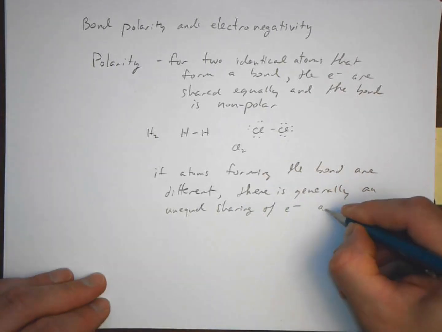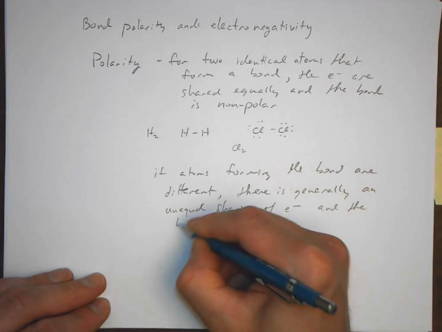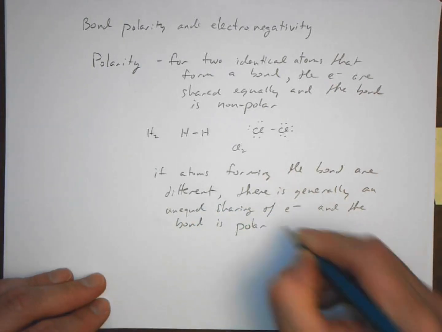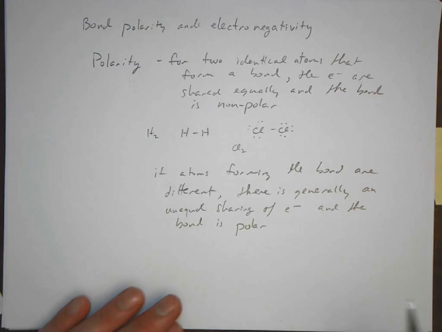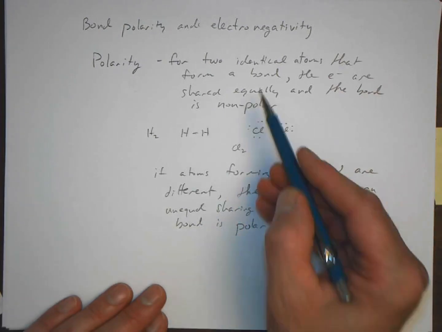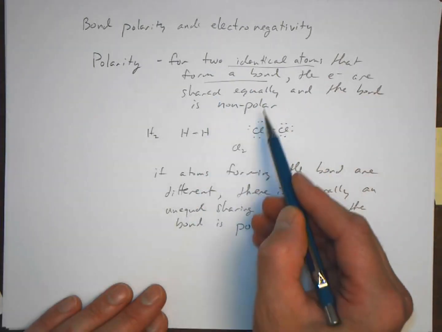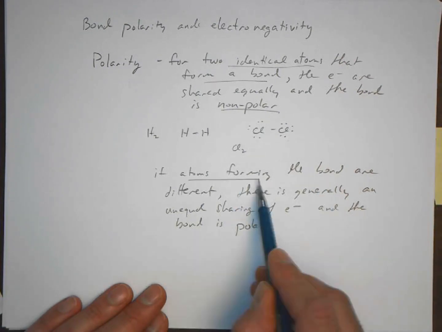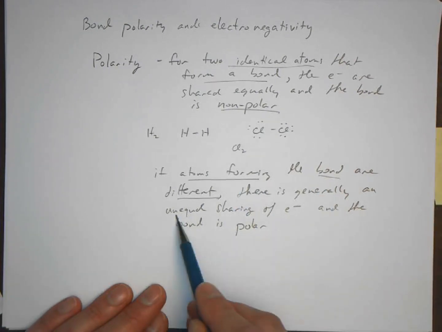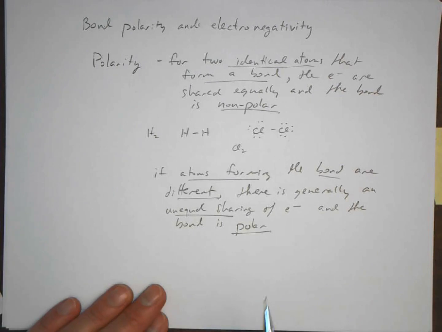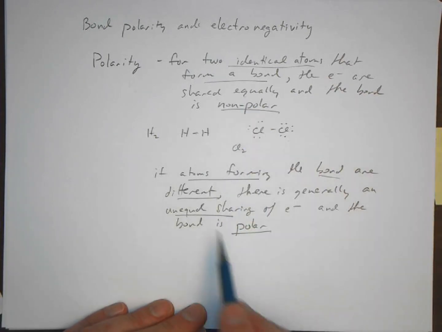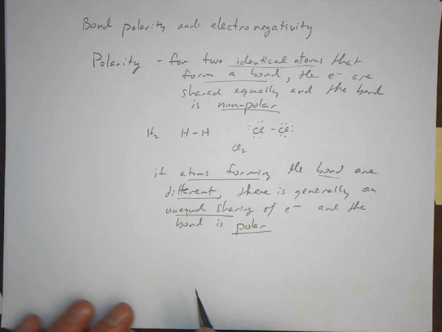And the bond is what we would say is polar. Okay, so identical atoms forming a bond, nonpolar. Atoms forming a bond are different, unequal sharing of electrons, and the bond is polar. So equal sharing nonpolar, unequal sharing polar. Let's just think of an example.